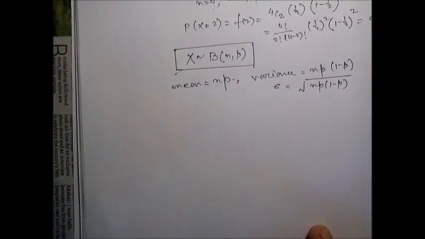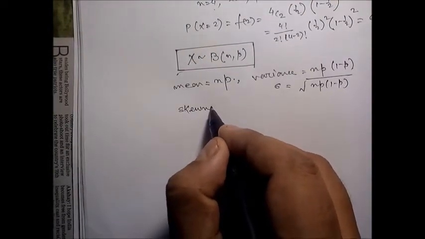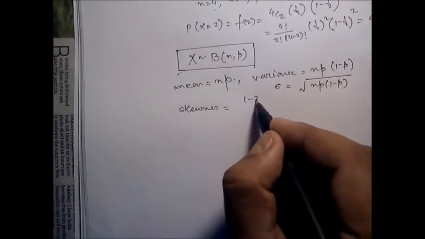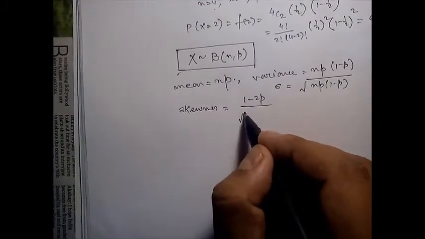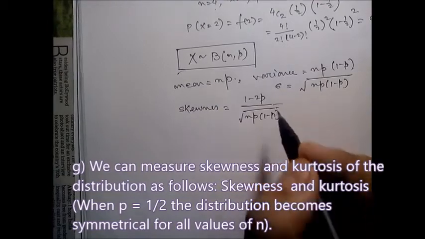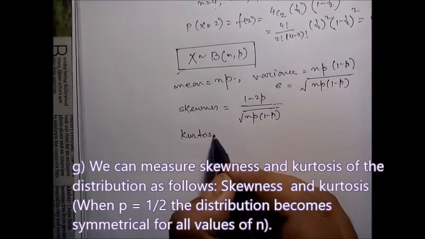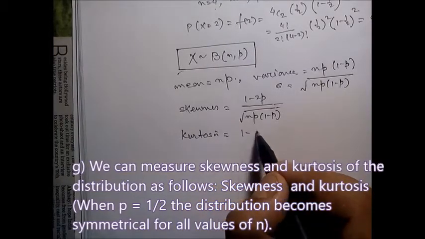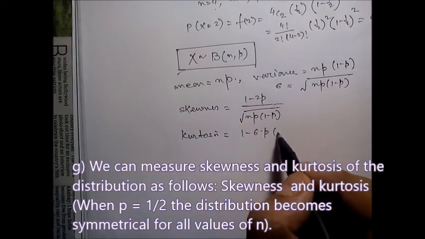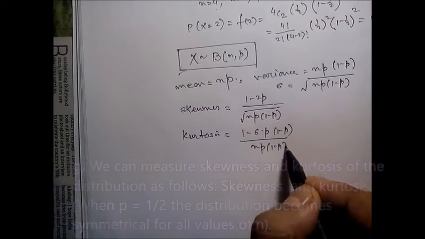For skewness we use the formula (1 minus 2p) divided by the square root of np(1 minus p), and for kurtosis, (1 minus 6p(1 minus p)) divided by np(1 minus p).